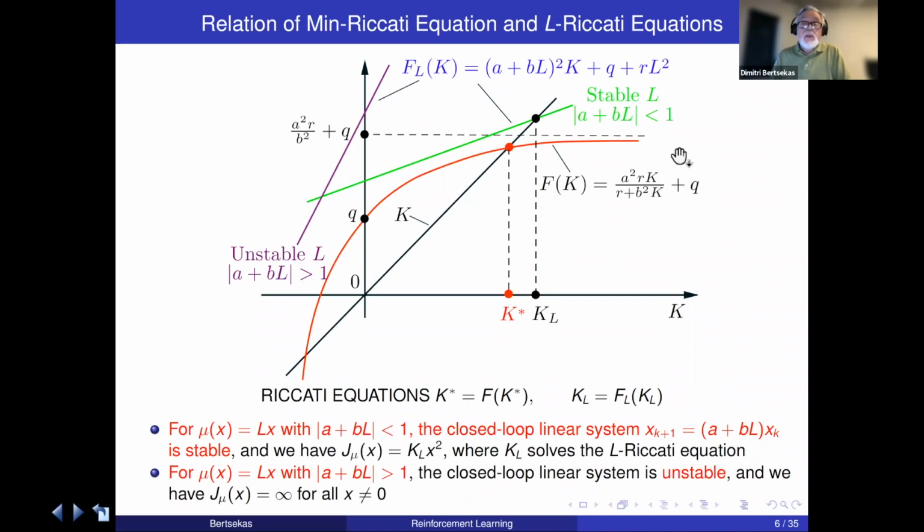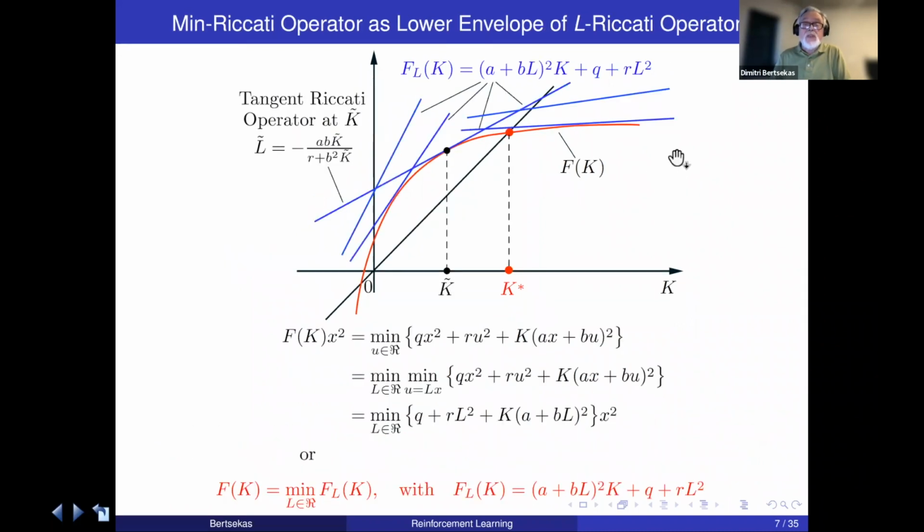Okay, so now let's go further along this line. We have the min Riccati equation given by this red curve. And we also have the L Riccati equations, which are all of these lines, which always lie above the red curve. Now, it turns out that the red curve can be obtained as the lower envelope.